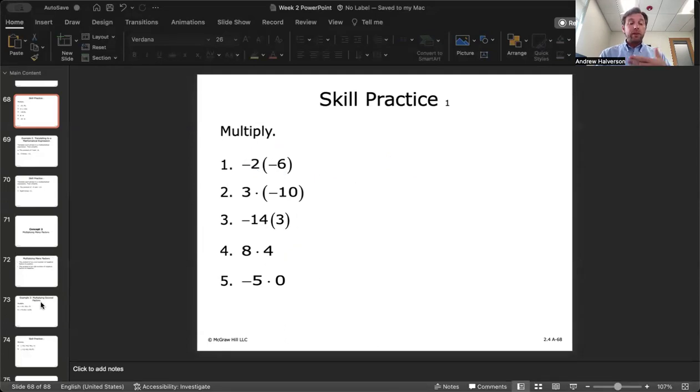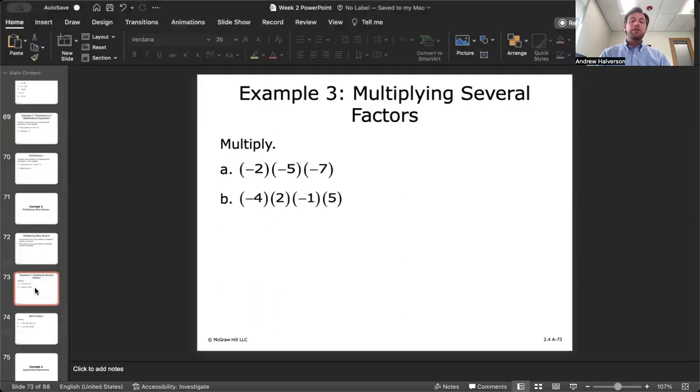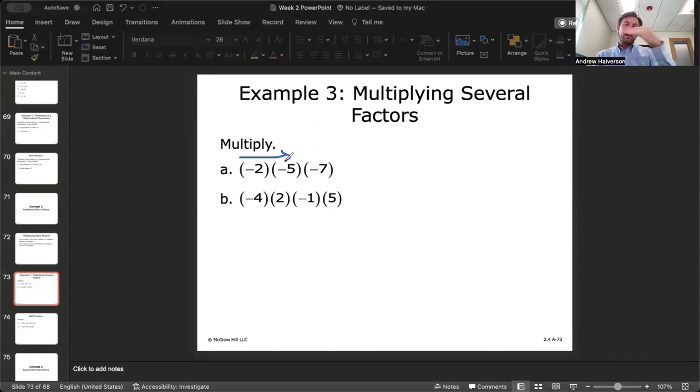Then we can move into the slide that you saw me jump to. Suppose we have 3 numbers, 4 numbers. How do we do the multiplication of several numbers all at once? Well, calculator if you want. But remember, you multiply 2 values at a time, from left to right.